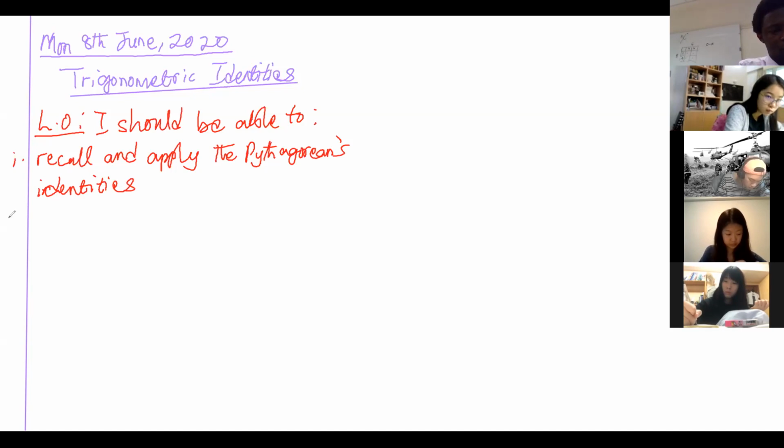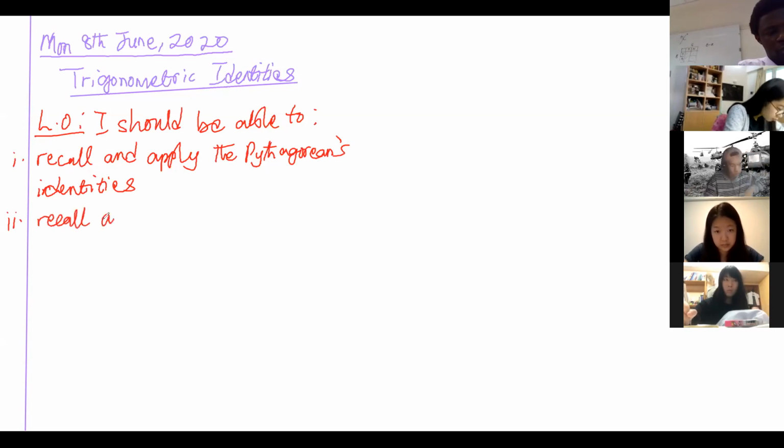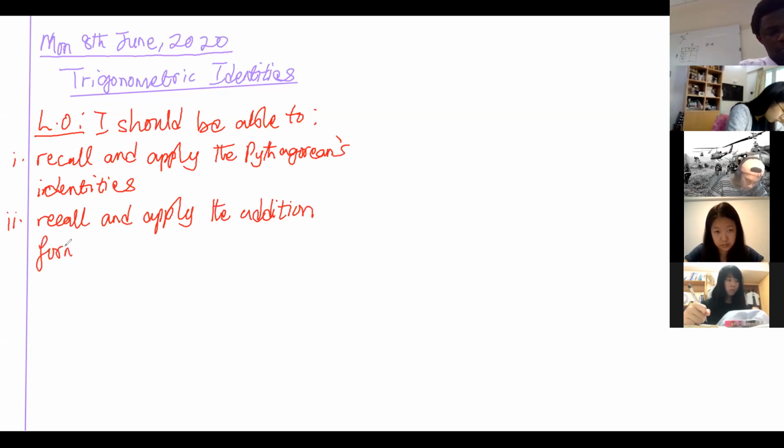And the second, be able to recall and apply the addition formulae. So two things we should be able to do by the end of the lesson.